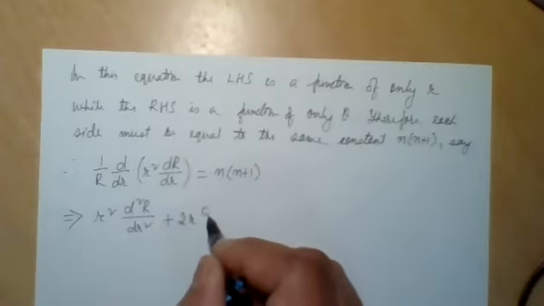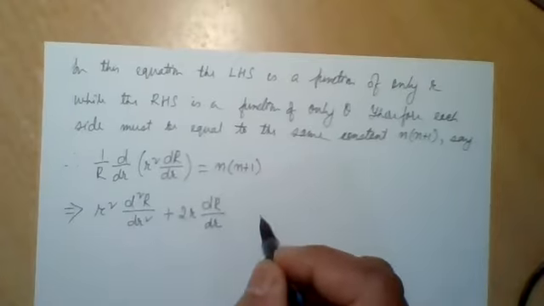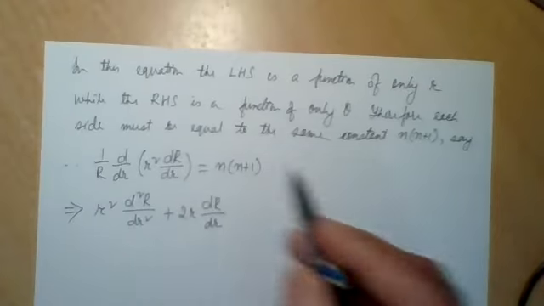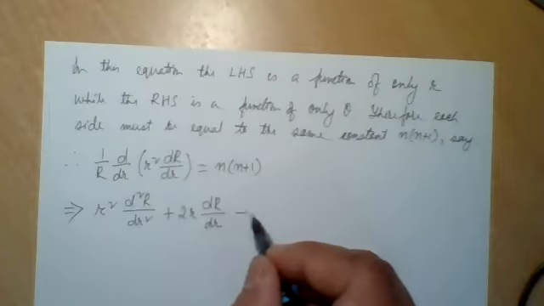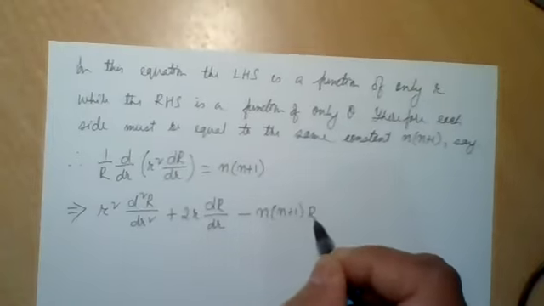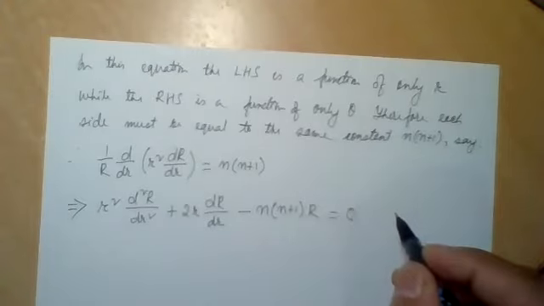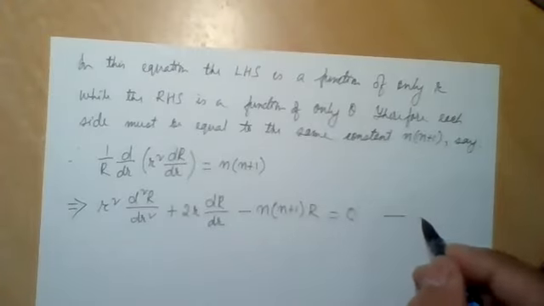Twice r d capital R by d small r. Then we bring this towards the left hand side. This is minus n into n plus 1 multiplied by R. This is equal to 0. Let us call this equation number 6.